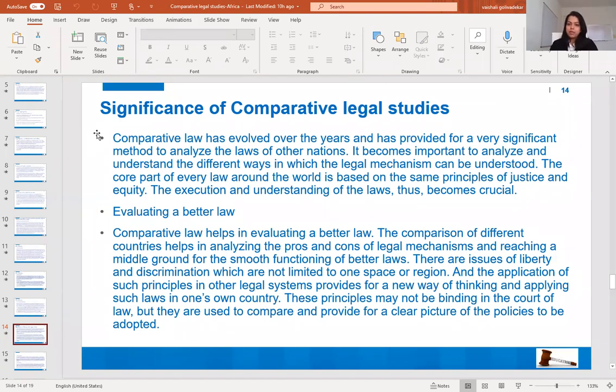These principles may not be binding on a court of law, but they are used to compare and provide guidance, okay? So this method is used by courts. If courts find that a law is not a very good law, then the courts can refer to some foreign decisions, like one done in the UK's court. So let us refer to this decision, okay? So it makes your law better.